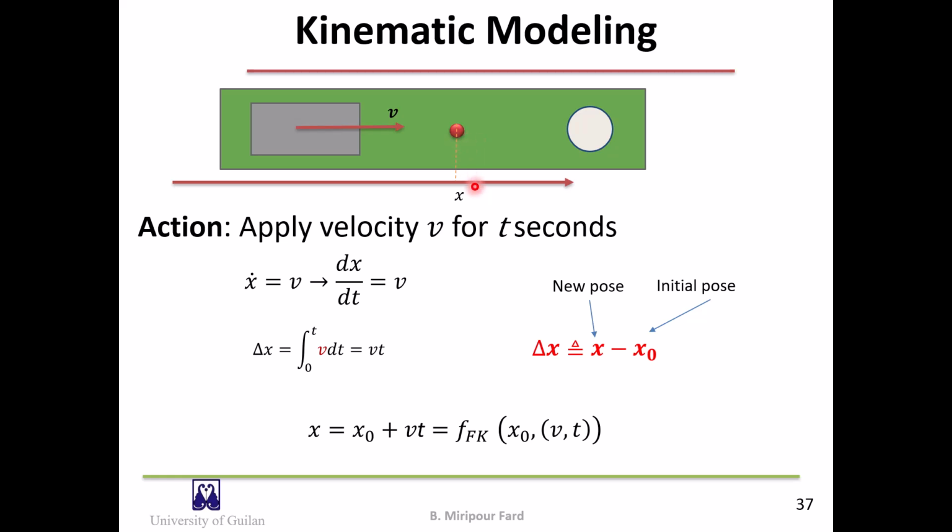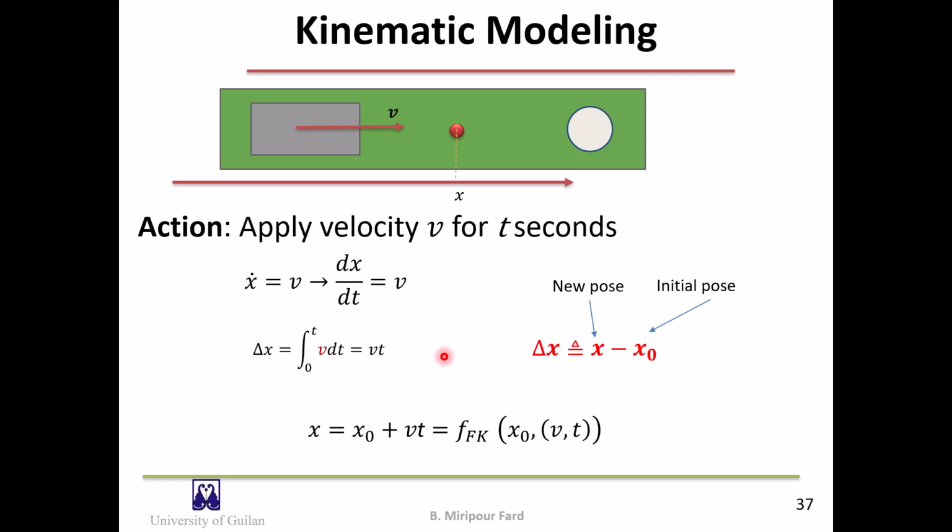If we apply the action for t seconds by simply using the definition of velocity, which is the time derivative of position, we can write x dot equals v, or dx over dt equals v, and then by integrating this relation from 0 to t, the displacement is obtained.